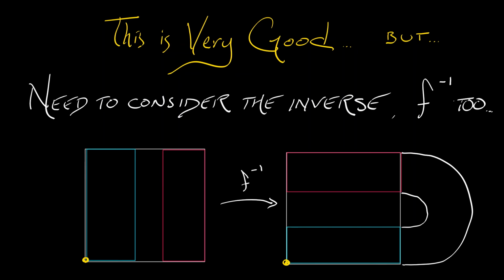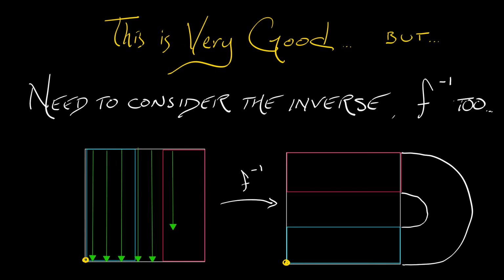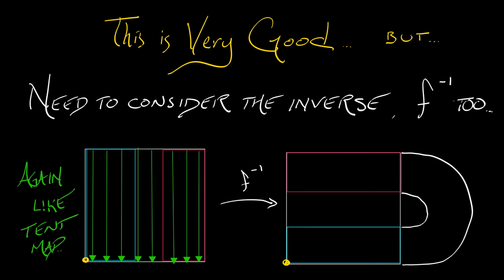So if we think about taking that squeezing action and just collapsing the entire square down to a horizontal interval, then again what we see is something just like the tent map, where we have these two subintervals that get stretched out over the entire horizontal interval. So it's as if we've got a pair of tent maps acting here, one horizontal and one vertical, if you will, corresponding to the inverse of the map and the map itself.